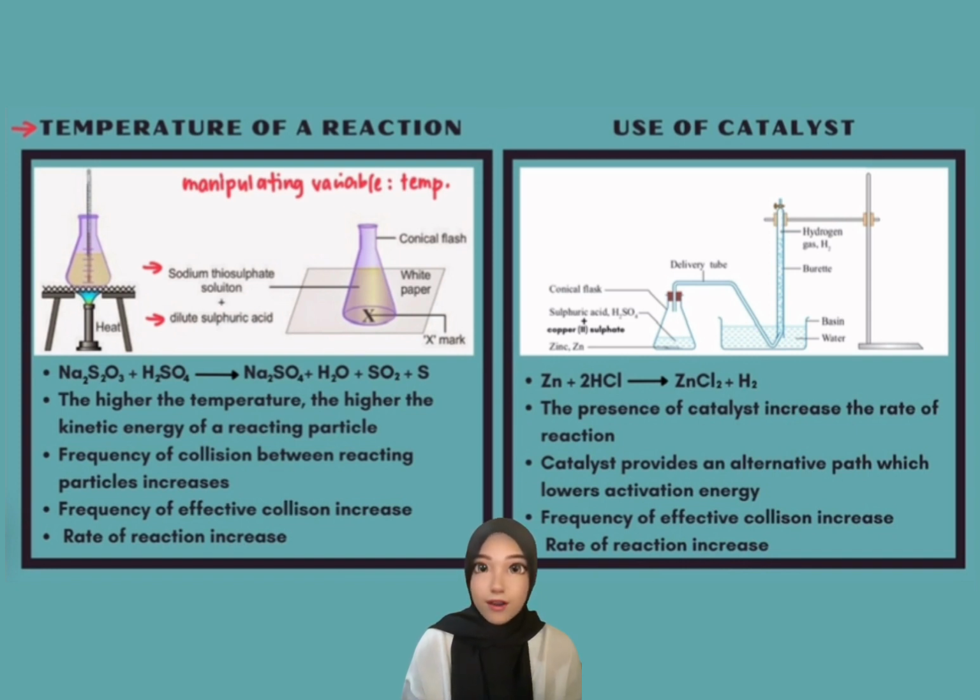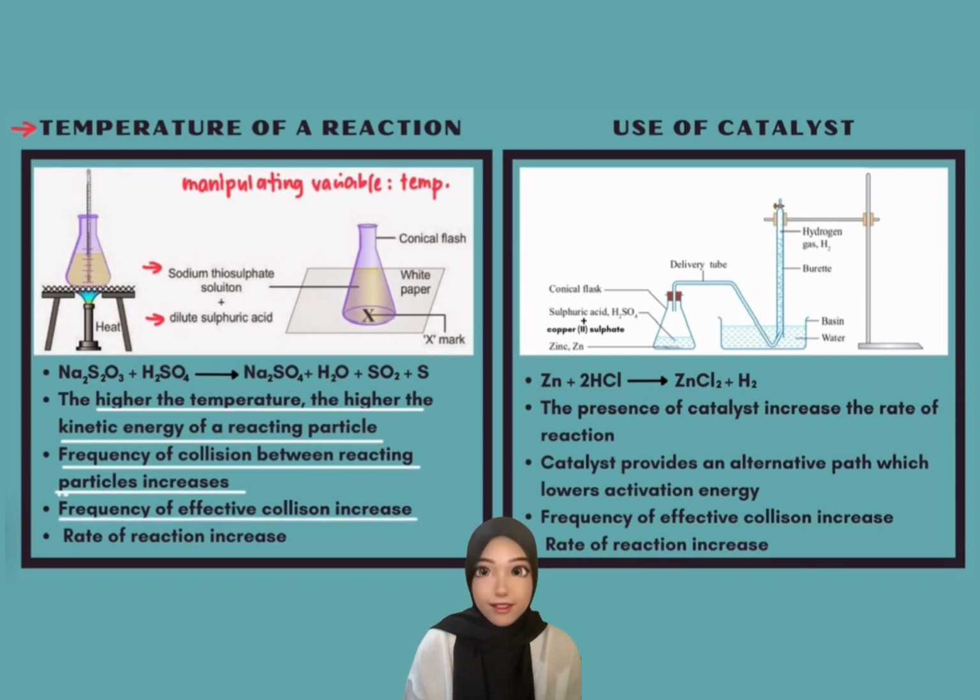Using the collision theory, the higher the temperature of a reaction, the higher the kinetic energy of the reacting particles. Thus, the frequency of collision between reacting particles will increase and the frequency of effective collision will increase too. In conclusion, the rate of reaction increased for a higher temperature of sodium thiosulfate compared to a low temperature.